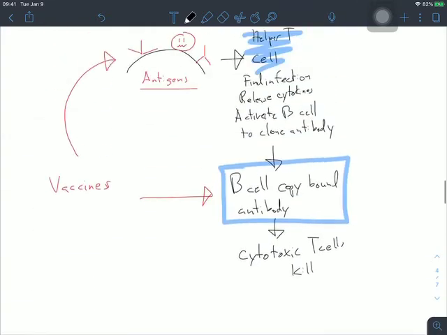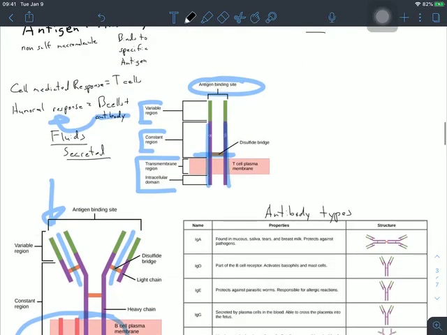Those antigen binding regions might be well suited to bind to a specific region of the antigen, but if that antigen has similarity to receptors on your own cells, now there will be cross-reactivity, which is a yikes.